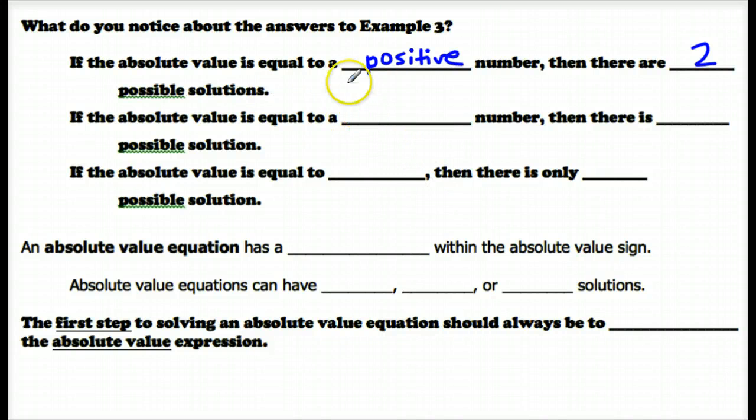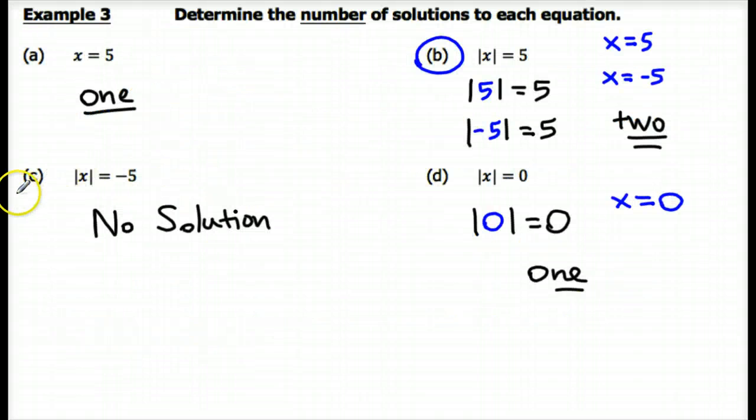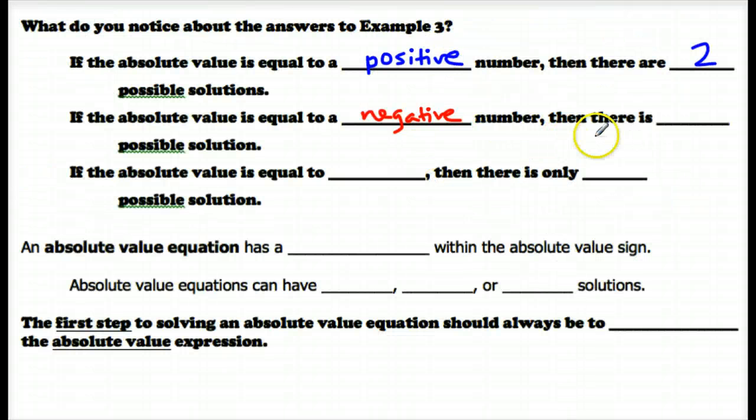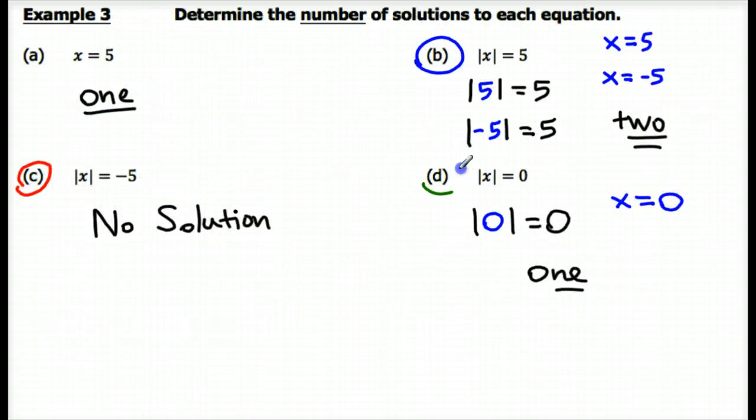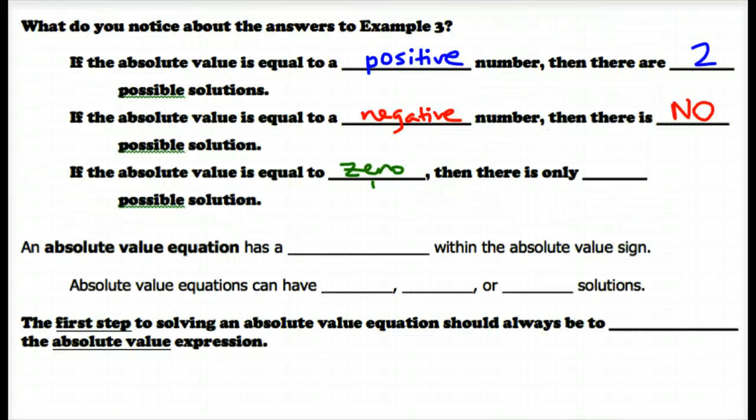If the absolute value is equal to a negative number, that would be the example C right here, then there is no possible solution. You can't have an absolute value expression be equal to a negative number, so there is no possible solution in that case. And then finally, if the absolute value is equal to 0, that'd be this last example over here, D, absolute value of x equals 0, then there is only one possible solution to that equation right there.